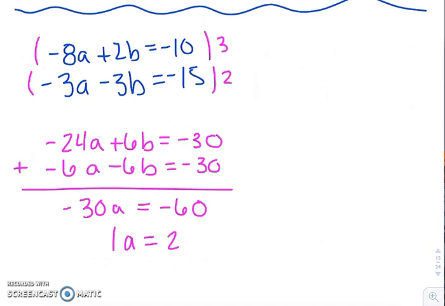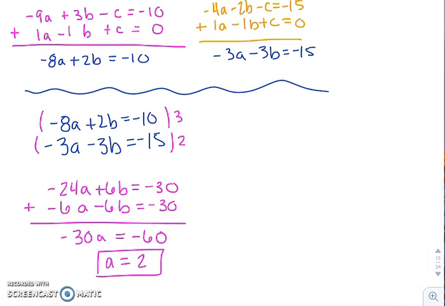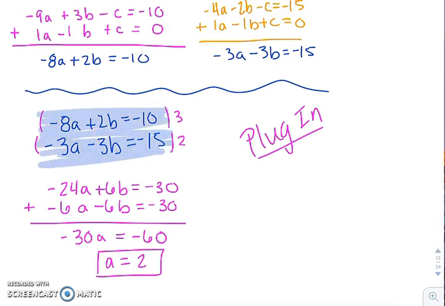Again, finding that first variable is the most work, but we have a now, so we can plug in that value into one of those equations with just two variables there in blue. It doesn't matter which one. I'll just do the first one, negative 8a.